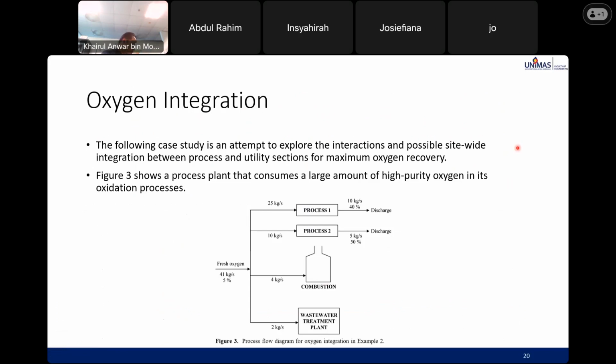This is the second integration, for oxygen.